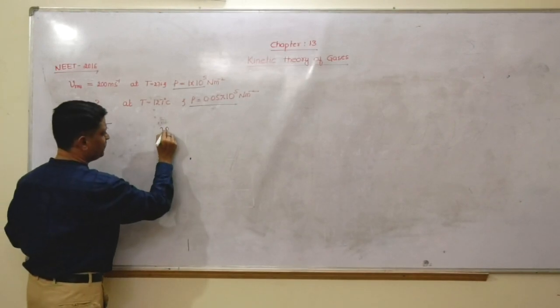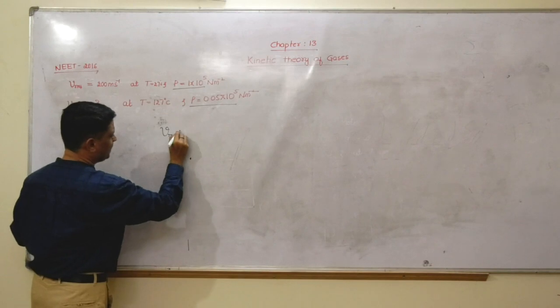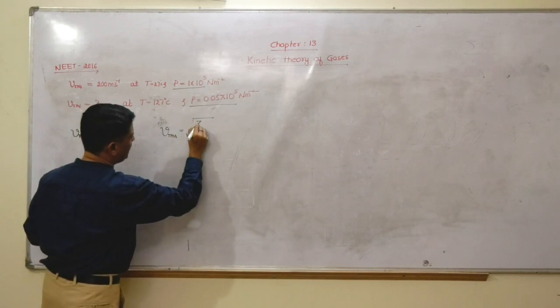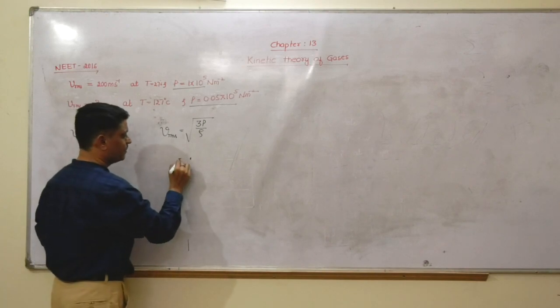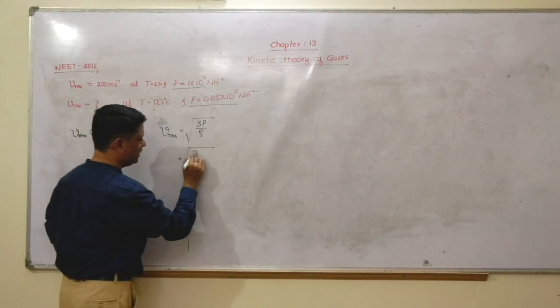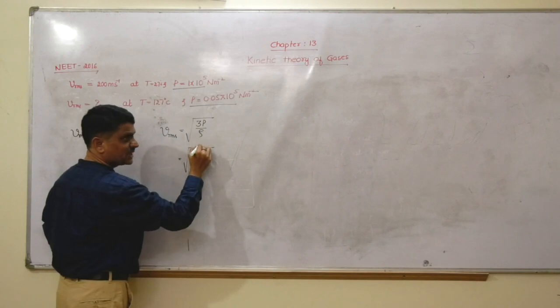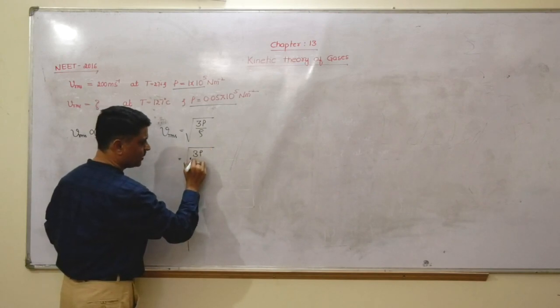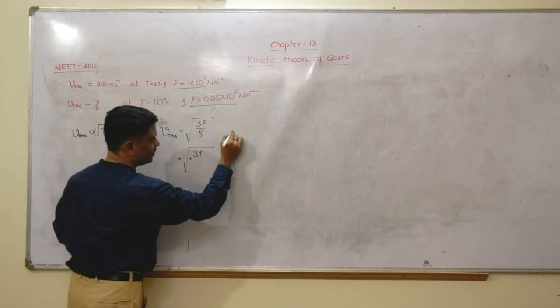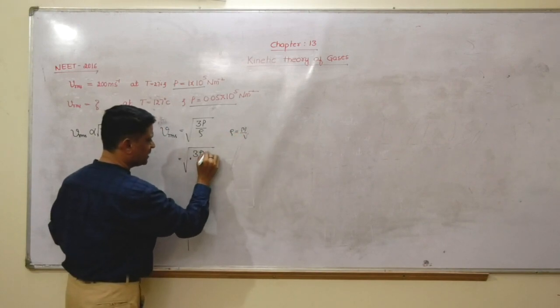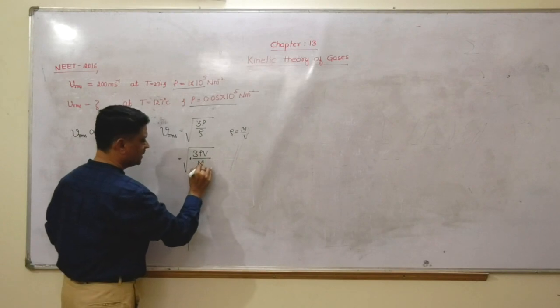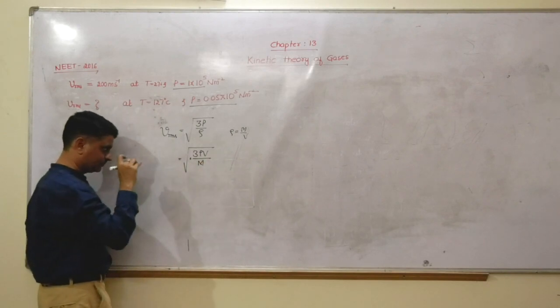Because we know that VRMS can be written as under root of 3P by rho. Rho means mass by volume. Here I'll write rho means m by v. If I write divided by, it means it is v by m. M means mass of the gas.